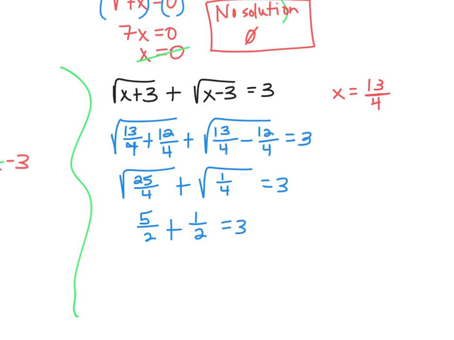Well, 5/2 plus 1/2 gives me 6/2, and that is obviously equal to 3. So in this case that obviously checks out. So our answer of x equaling 13/4 does work in the original equation, so it will be our solution.